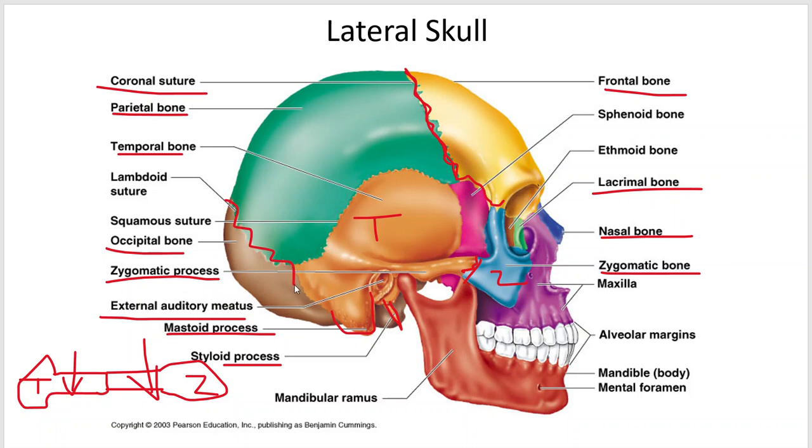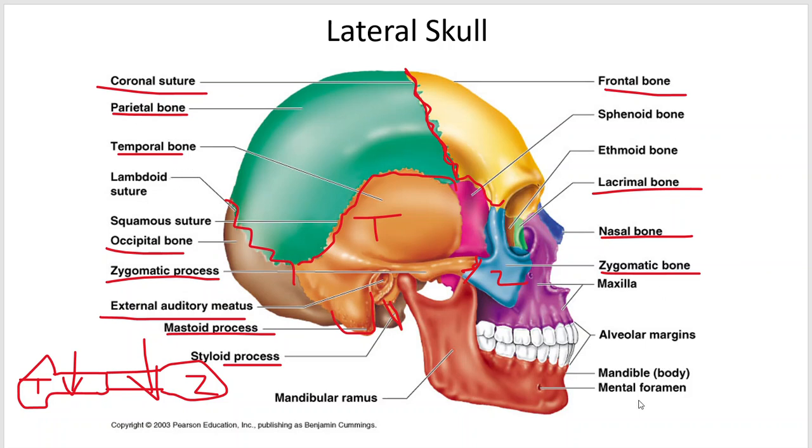It is where the parietal bone meets the occipital bone. This guy right here is the squamous suture. The squamous suture is where the temporal bone meets the parietal bone. There's another one, the sagittal, but it's on top and you can't see it from this viewpoint.